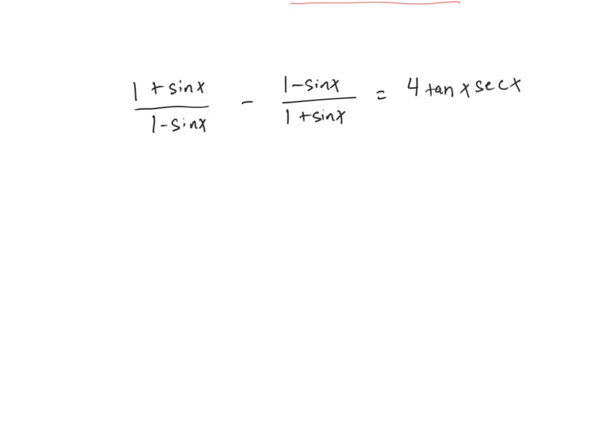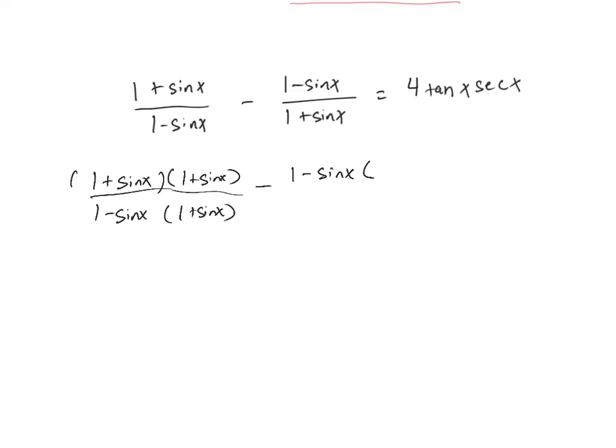So like so, we have 1 plus sine of x over 1 minus sine of x times 1 plus sine of x, minus, I'm going to put these in parentheses, 1 minus sine of x over 1 plus sine of x times 1 minus sine of x.